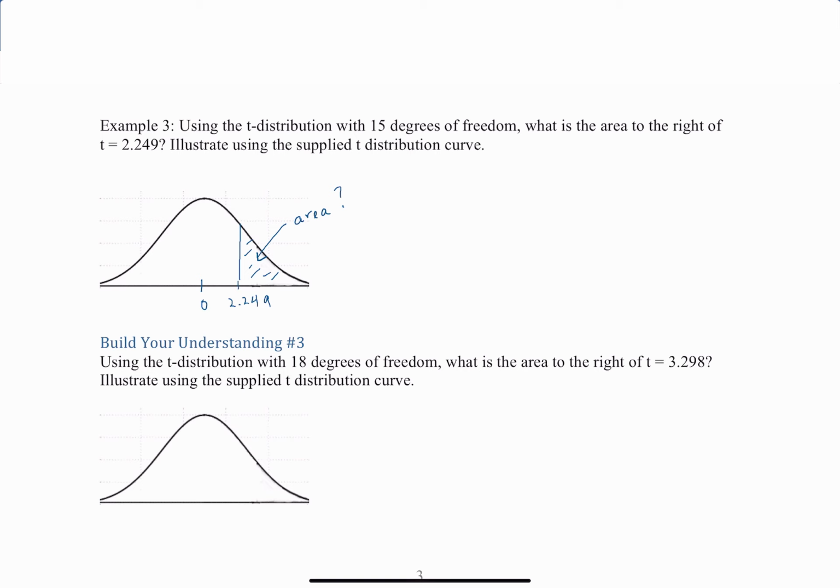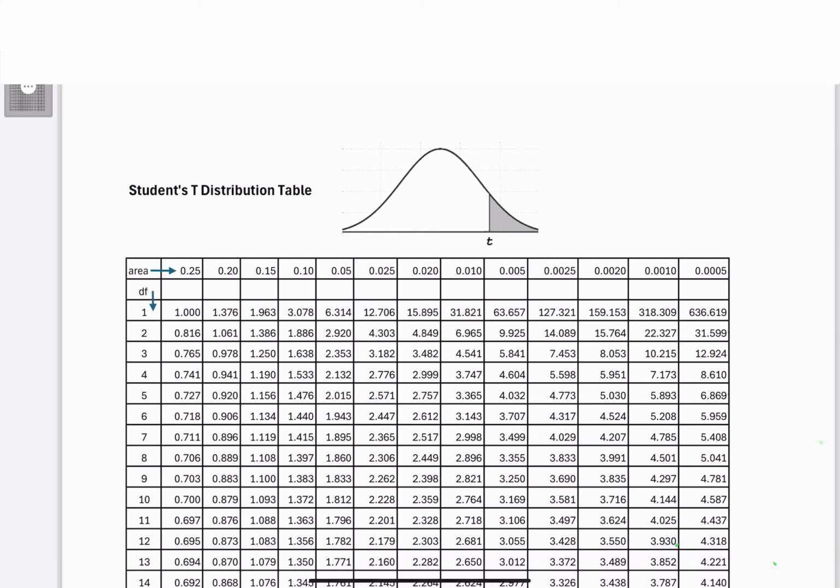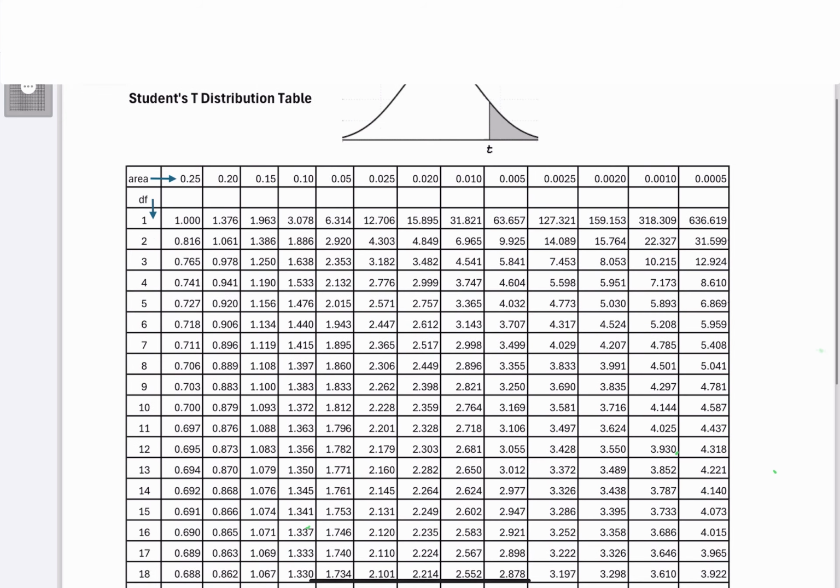So let's go over to our t-table. We're asked to look at the curve with 15 degrees of freedom. So I go to the row for 15 degrees of freedom.